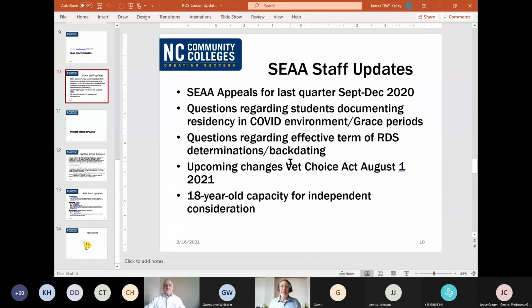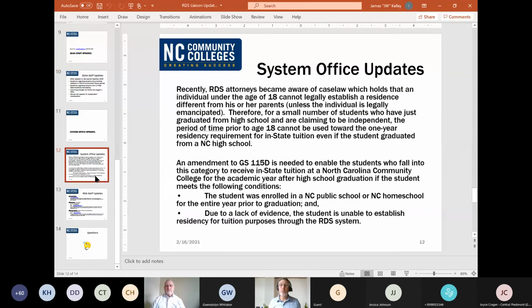I appreciate that. And so I'm going to go ahead and deal with this 18-year-old issue a little more. If you're on your PDF, we're on slide number 12. Because of case law that was discovered by RDS attorneys and verified by our system office attorney as well, and also Mary Shuping in government relations, who is an attorney as well, it was agreed that the 12-month clock requirement cannot begin before the age of 18.